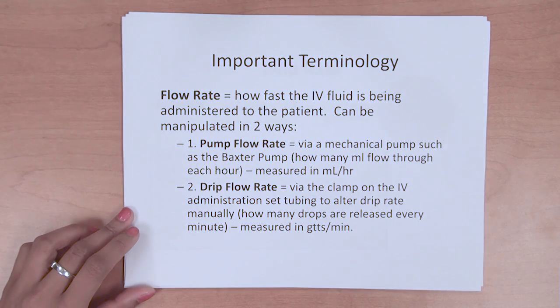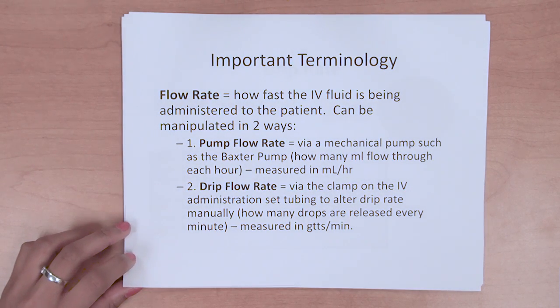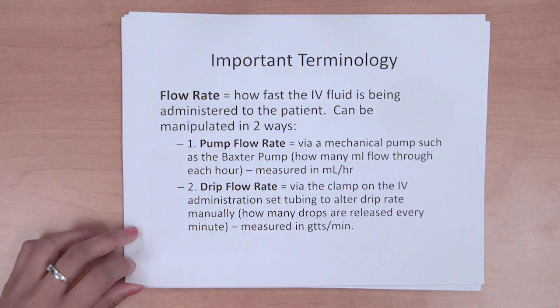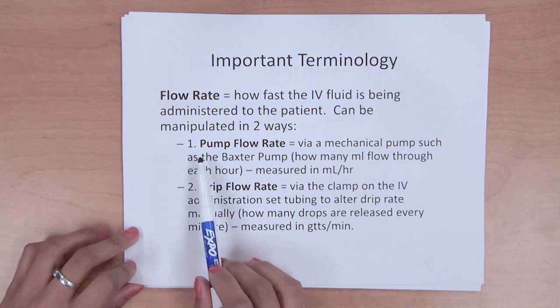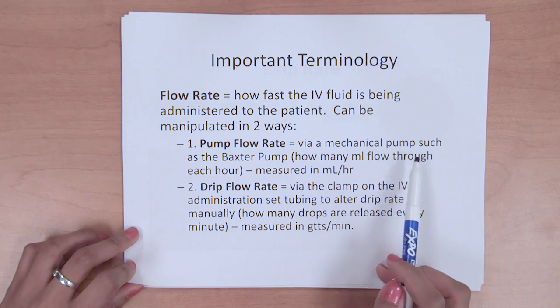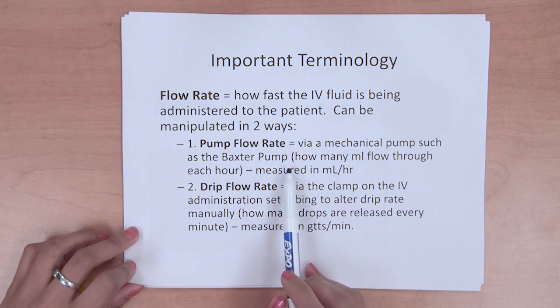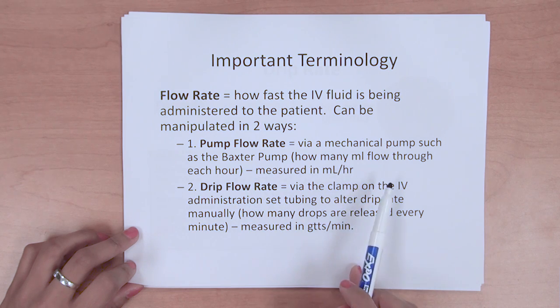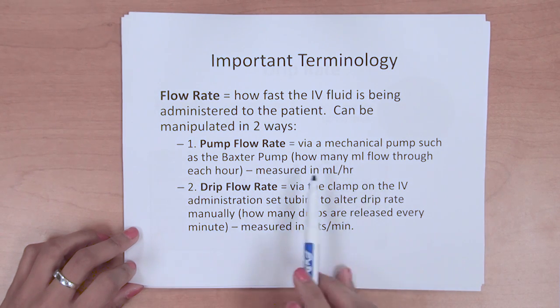Important terminology. You need to understand that flow rate means how fast the IV fluid is being administered to the patient. Again, we can manipulate this in two ways. Pump flow rate, so this is via mechanical IV pump such as the Baxter pump. This will be inputted in milliliters per hour. So how many milliliters flow through every hour?